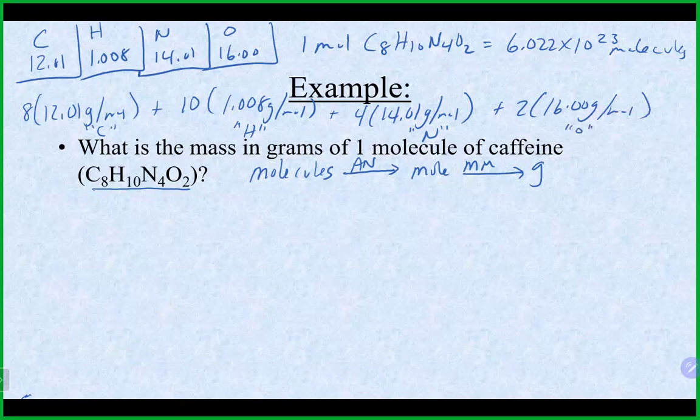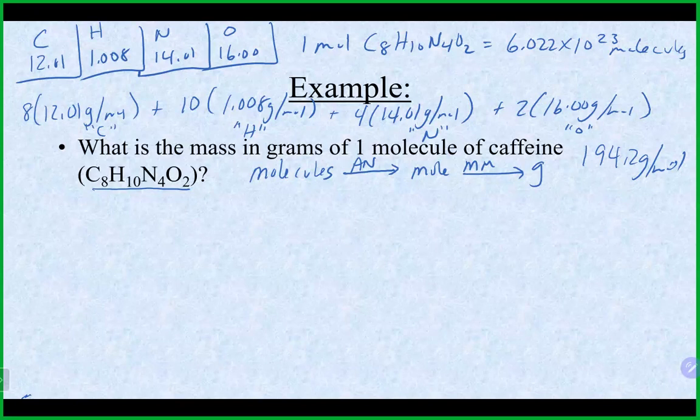If we add all that together, 8 times 12.01 plus 10 times 1.008 plus 4 times 14.01 plus 32, it looks like 194.2 grams per mole, I think. Sure, I punched that in right.